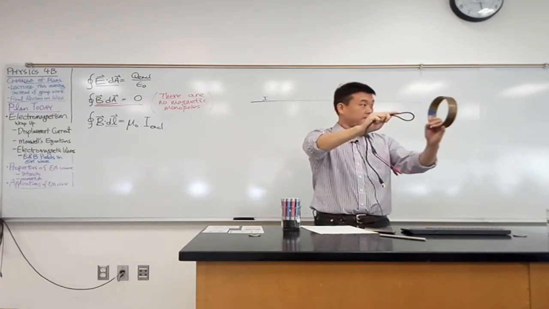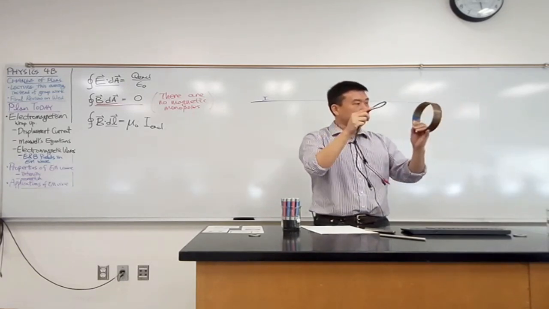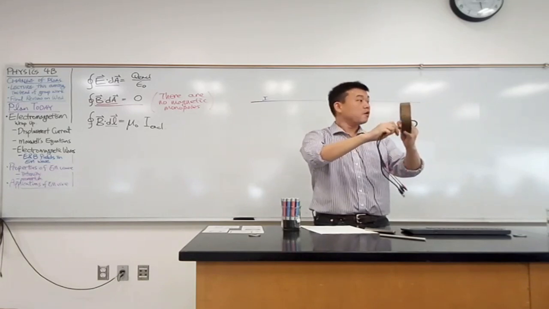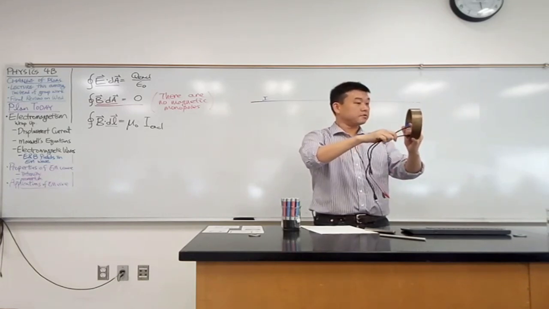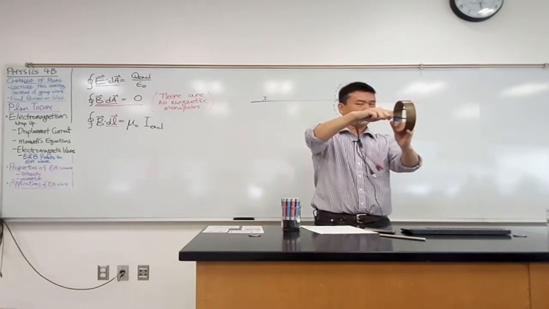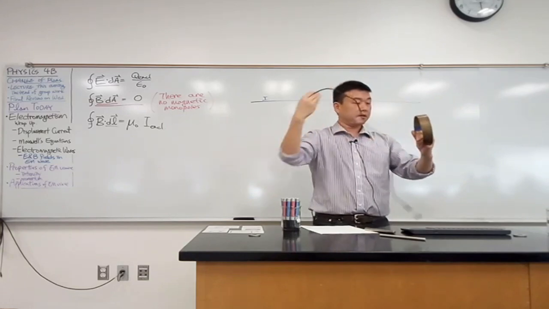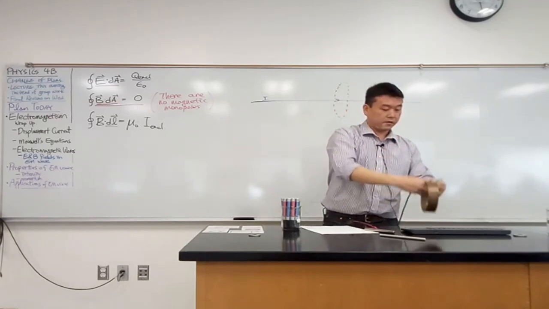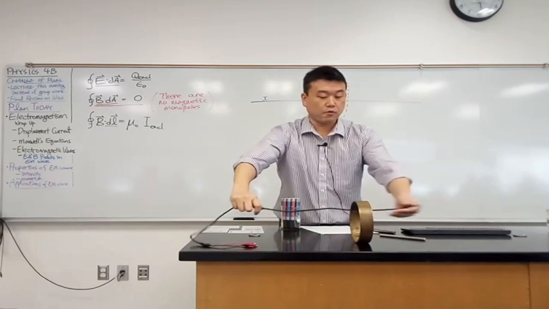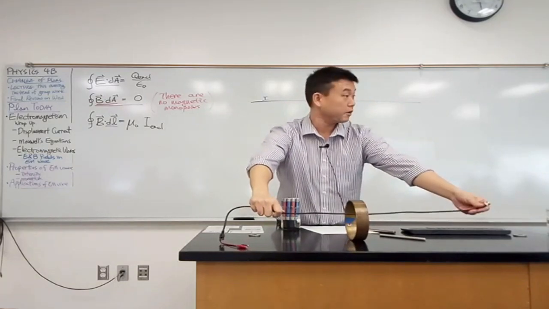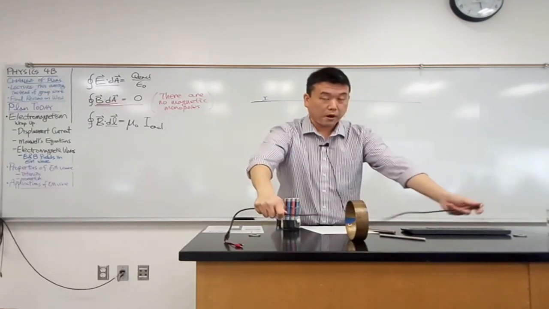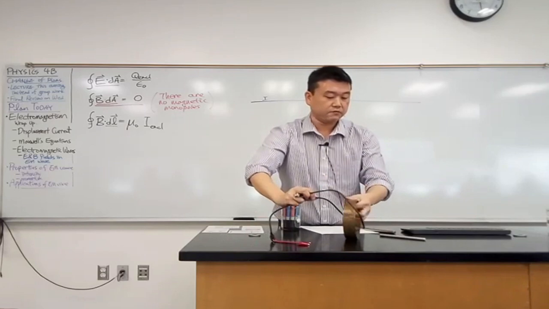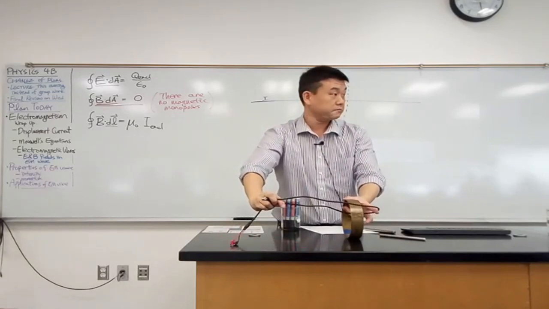Do you want to consider that as going through the loop? Not really, right? So however we define the current, we want to be able to say that something like this doesn't really go through the loop, but something like this, where it goes through and goes out to infinity, actually goes through the loop. What about something that's going around like this? Would you say this goes through the loop?